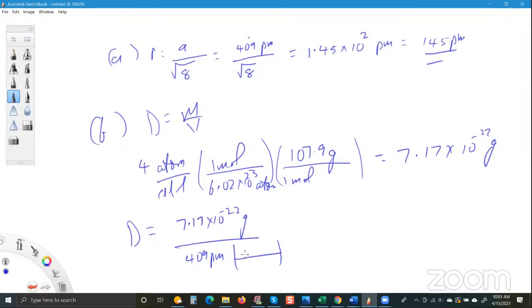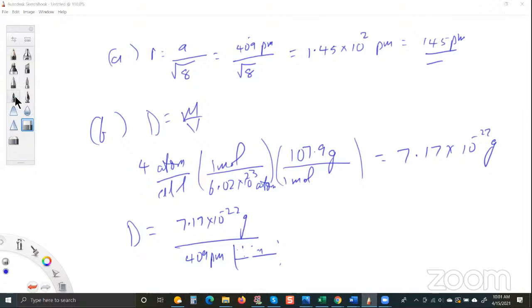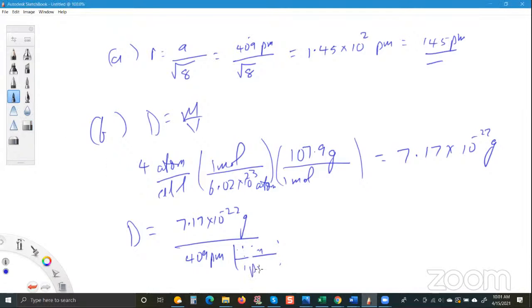So let me see here, what's the relationship? 1 picometer is 10 to the minus 10 centimeters, I'm sorry, 10 to the minus 12 meters.